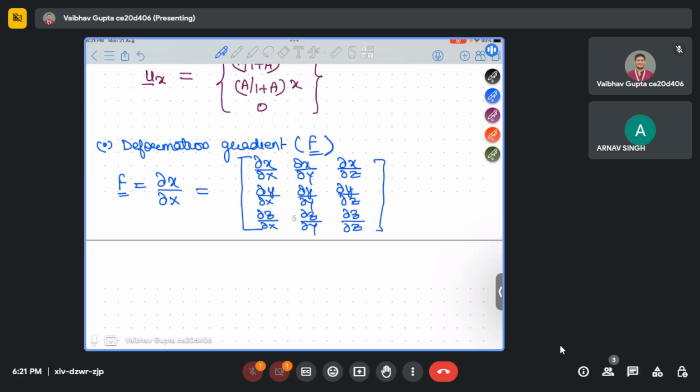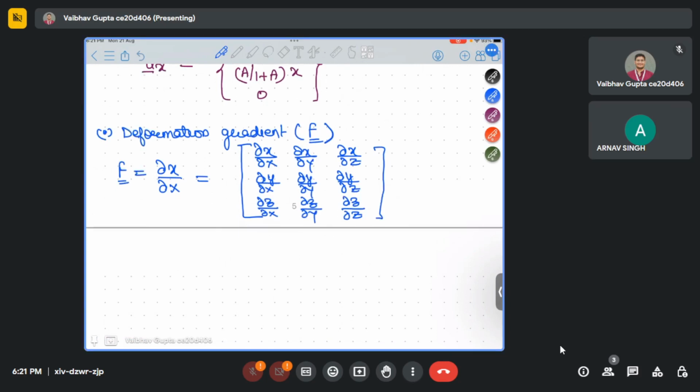This is the formula to calculate F. So what is the deformation field given? What is the value of F you will get? Tell me.